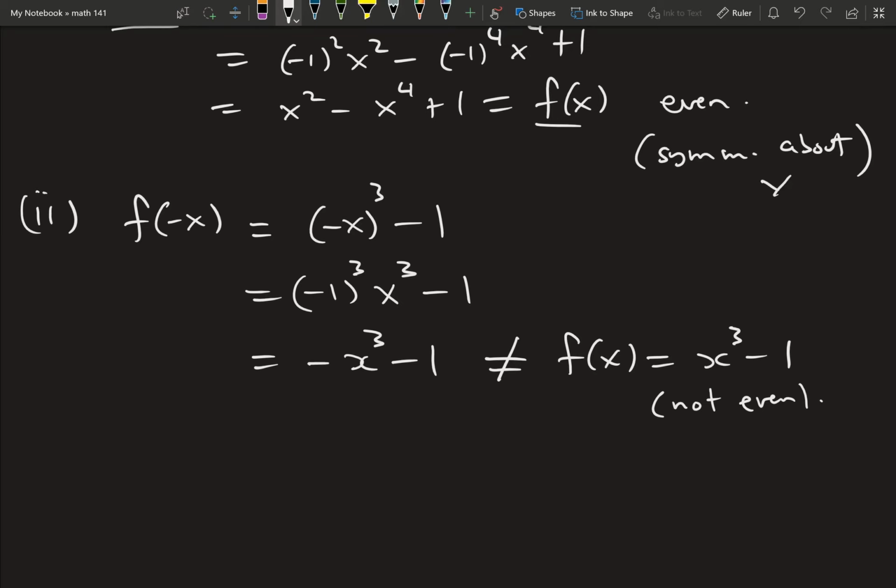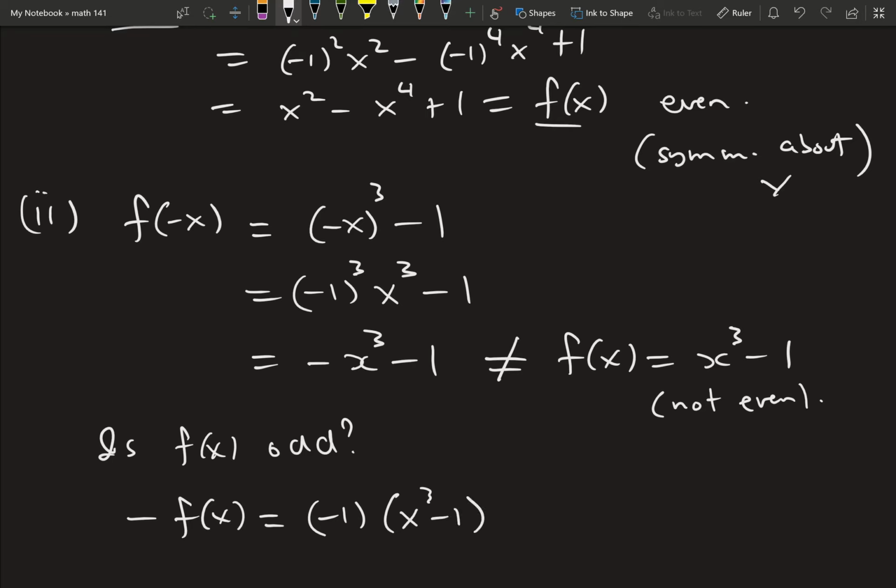Now the question is, is it odd? So the question is, is f of x odd? Well, what is negative f of x? This is negative 1 times f of x, which is x cubed minus 1. This is negative x cubed plus 1.